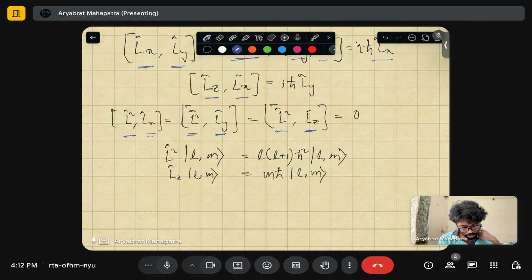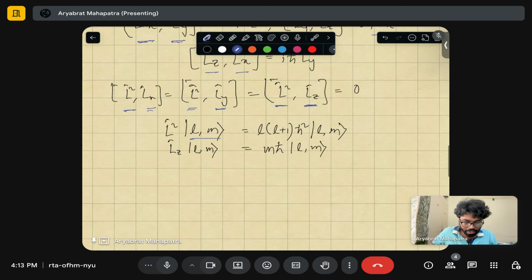Right. So how are these eigenstates denoted? The eigenstates of L square and Lz, as you can see here, the commutation gives zero, and they share a common eigenstate. So the eigenstate corresponding to L square and Lz is denoted as lm.